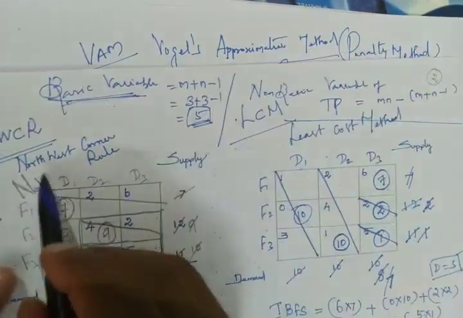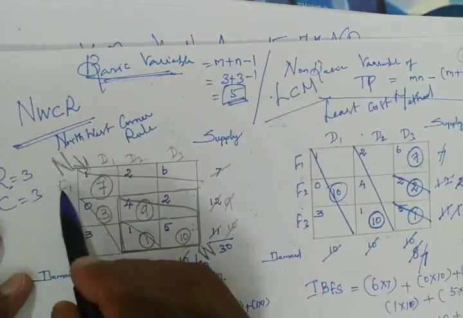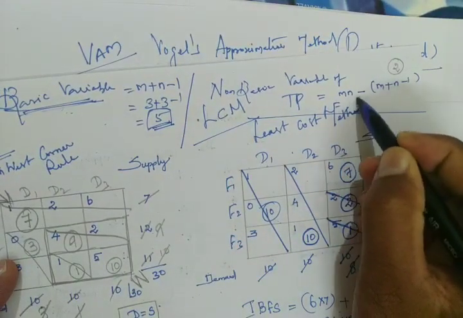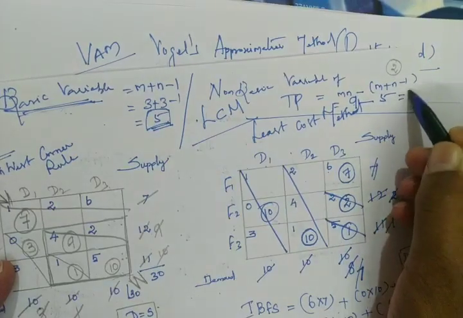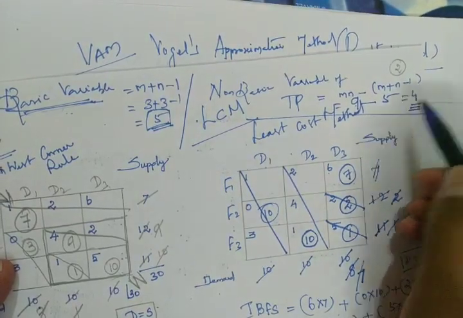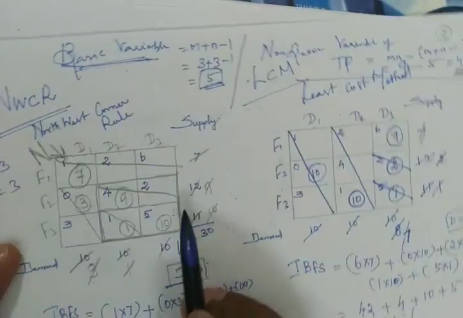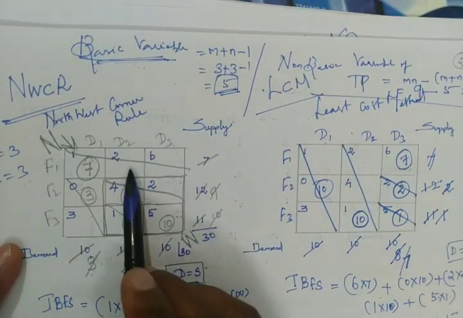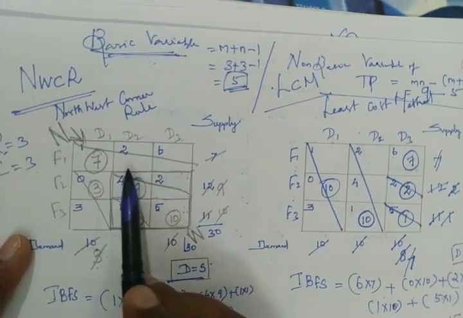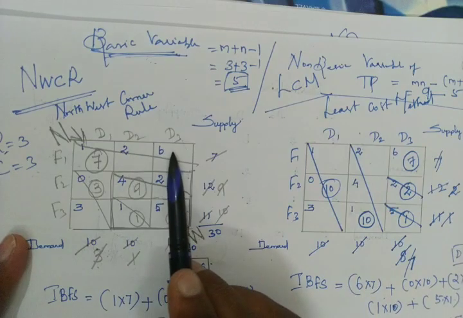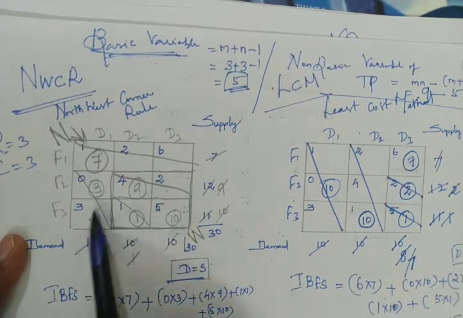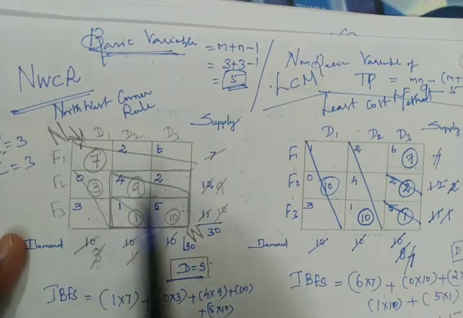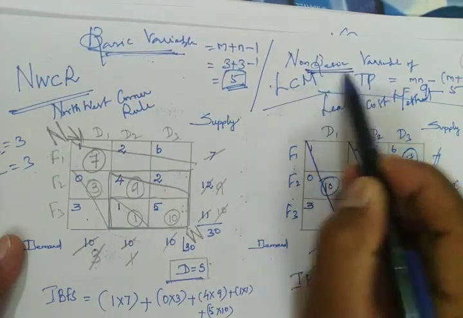For m into n, how many rows and how many columns are there? 3 rows, 3 columns. So 3 into 3 is 9, minus the value of m plus n minus 1, which is 5. 9 minus 5 is 4. This gives the non-basic variables. Non-basic variable means the number of non-allocated cells. The number of non-allocated cells is 1, 2, 3, 4. The remaining non-allocated cells are the non-basic variables.